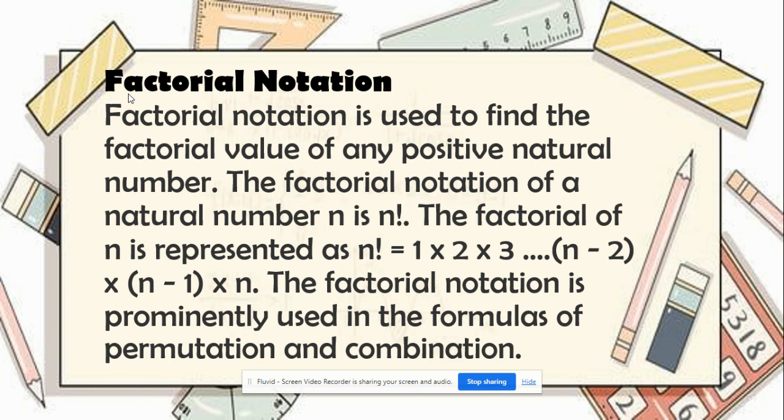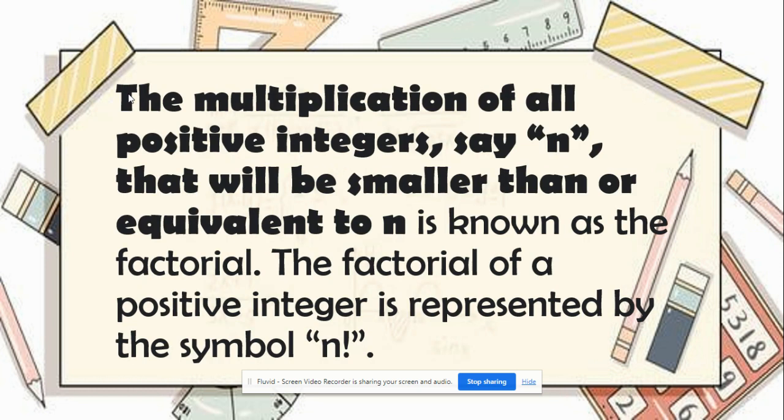The factorial notation of a natural number n is n factorial. The factorial of n is represented as n factorial, which is equal to 1 times 2 times 3, and so on, so that the least number is 1. The factorial notation is prominently used in the formulas of permutation and combination.